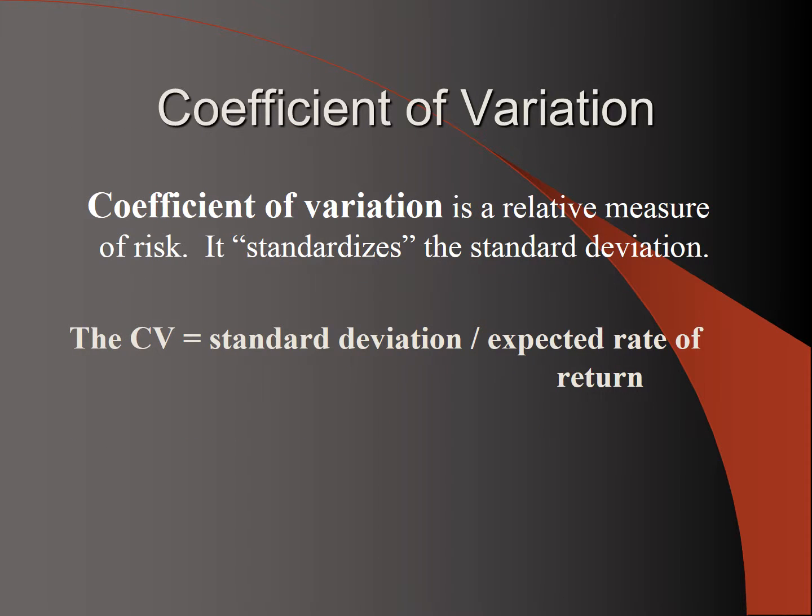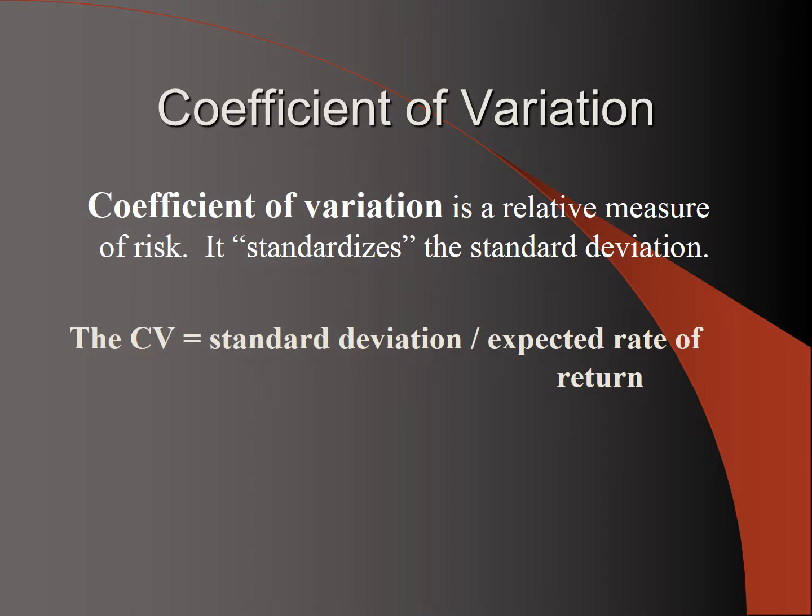Now, here's the coefficient of variation. That's what I was talking about, in that even though the standard deviation might be larger for one security than another, we may prefer to invest in the higher standard deviation security because it better compensates us for that risk.